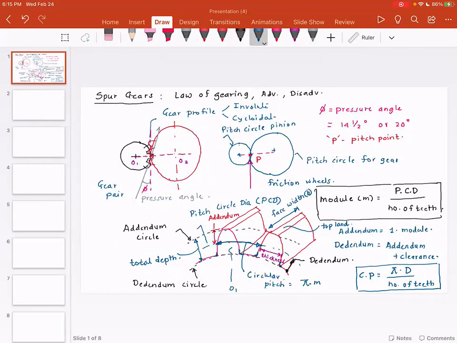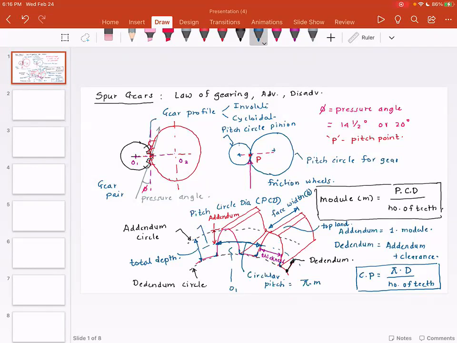Now, I want to talk about how do we design gears. If you want to design the gear, the gear design is based on multiple considerations. First and foremost, you want to design the gear that is strong and does not break in bending.